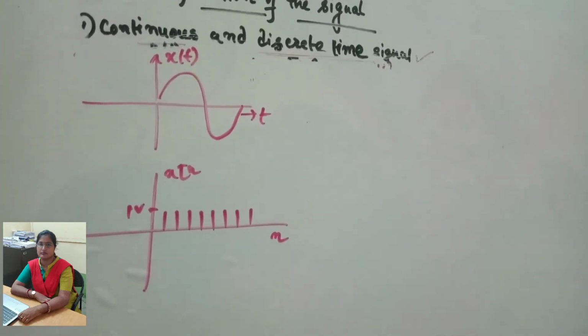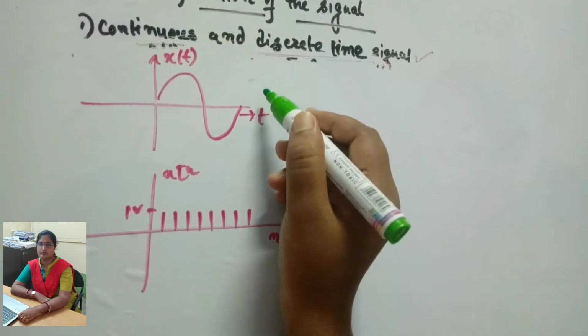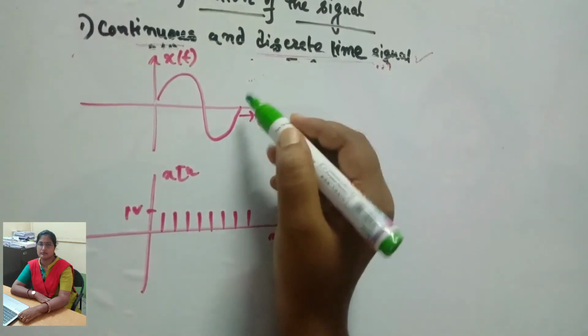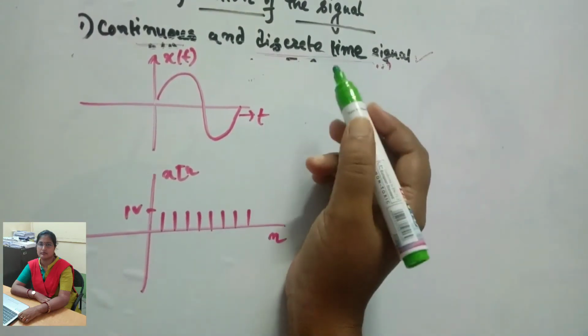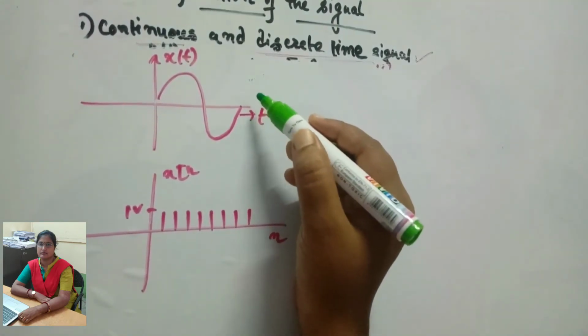Now if we want to convert a continuous time signal into a discrete time signal, we have to perform the sampling process. Sampling is nothing but multiplication with a pulse train. For example, if you have the signal x(t) and you have to convert it into discrete time form, just multiply this continuous signal with the pulse train.